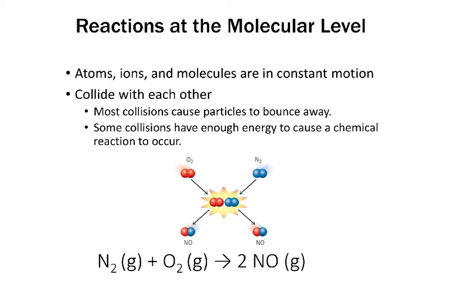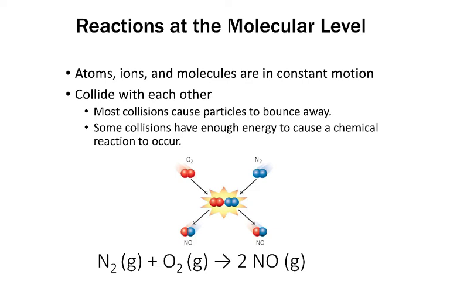So recall that atoms, ions, molecules, particles, anything at this level is in constant motion. Even if it's in a solid phase, it's going to be vibrating around. If it's in a gas phase, it's literally just flying through the space. So they're always in constant motion, which means these molecules will collide with each other.